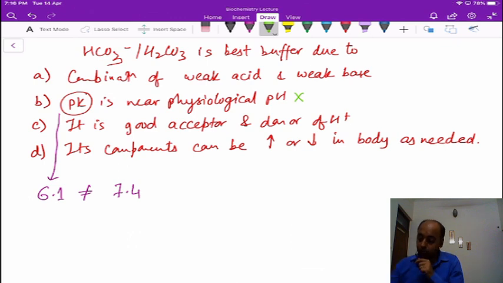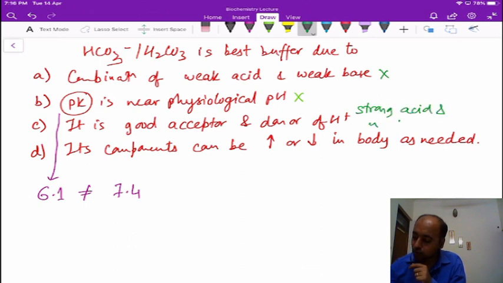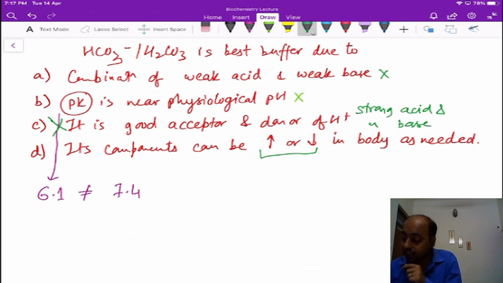Alright, you already know that we cannot have a combination of weak acid and weak base. Similarly, when I say good acceptor and donor, it means strong acid and strong base. Again, this is not a good buffer. This is not a buffer at all. So last we come, its components can be increased or decreased in body as needed. This is what we had highlighted again and again.